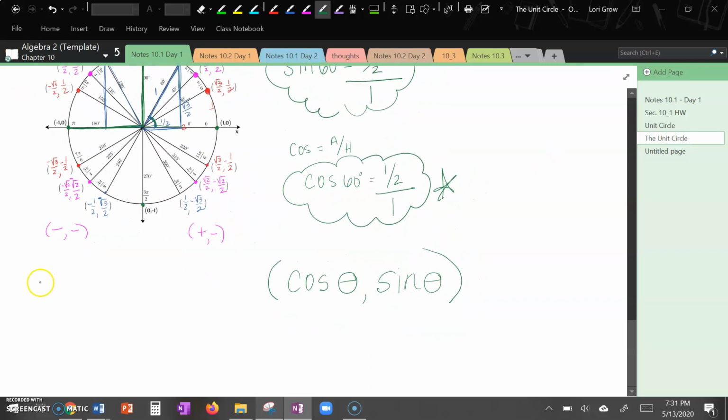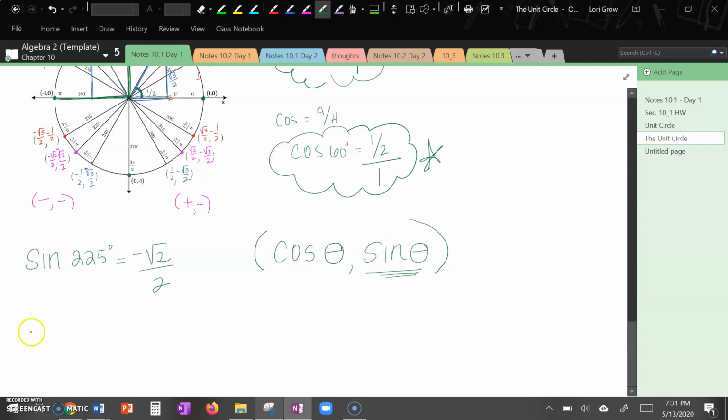So if I were going to ask you, what is the sine of 225 degrees? If you know the unit circle, then without a calculator, you could go and think the sine is the y value. Here's 225 degrees, and the sine is the y value, so it must be negative root 2 over 2.